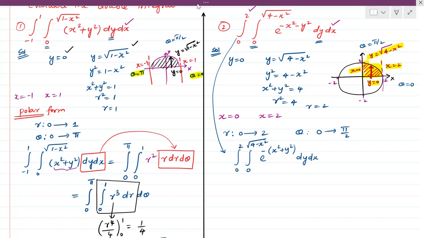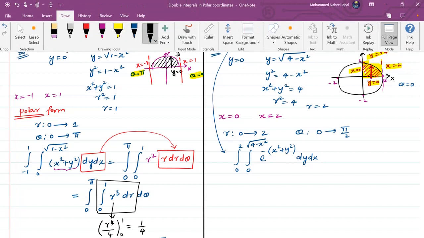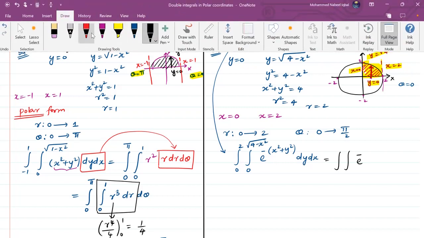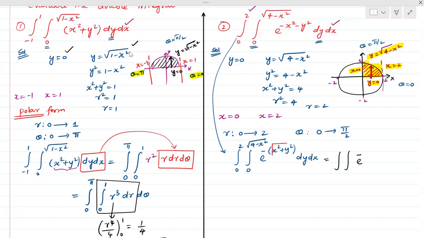This is Cartesian coordinates. I will convert it to polar coordinates. The entire exponent part is minus r square, and dx dy becomes r dr d theta.